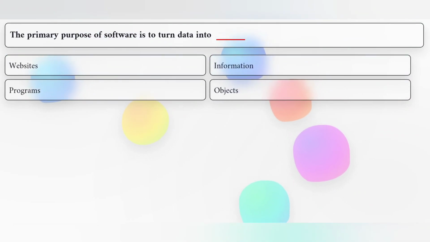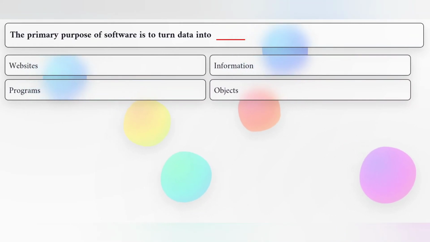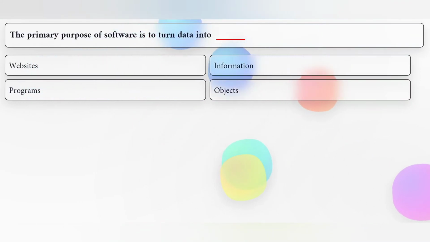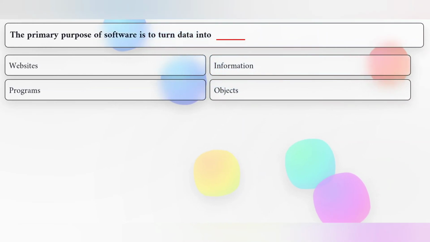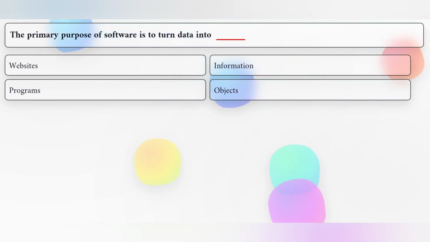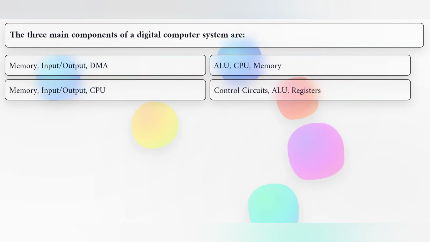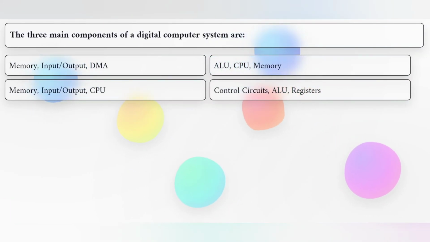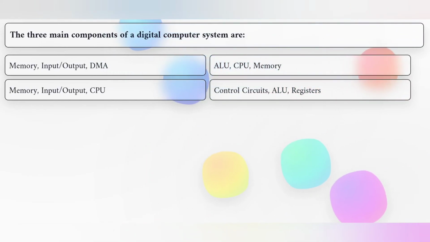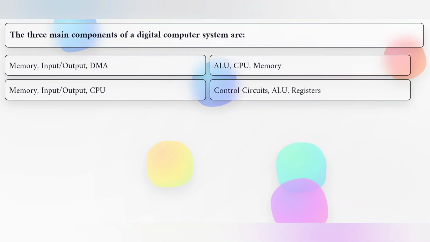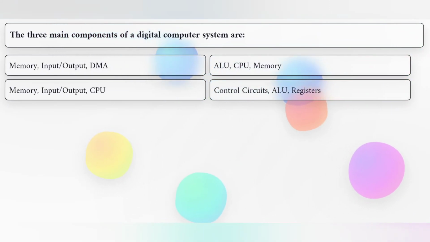The primary purpose of software is to turn data into blank websites, information, programs, objects. The three main components of a digital computer system are memory, input, output, DMA, ALU, CPU, memory, input, output, CPU, control circuits, ALU, registers.